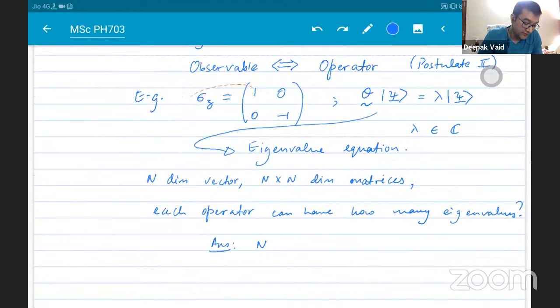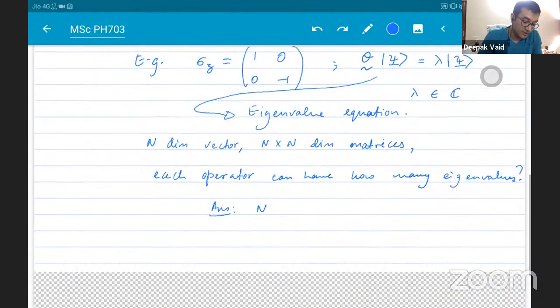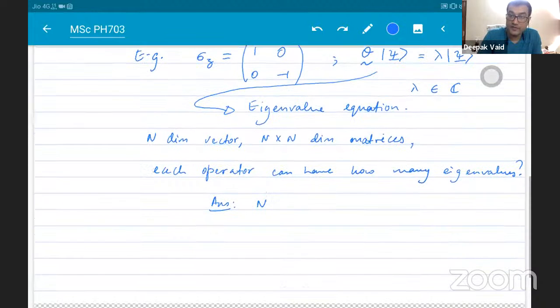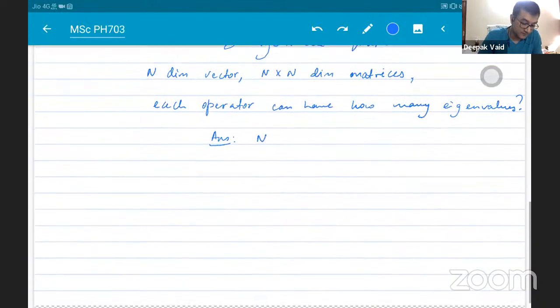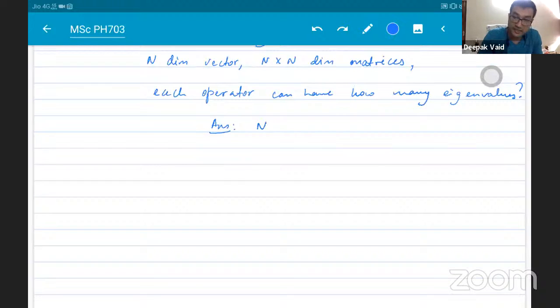So in this case, for example, I ask what are the eigenvalues of this matrix sigma z. So let's try to figure that out. We want to solve this equation.